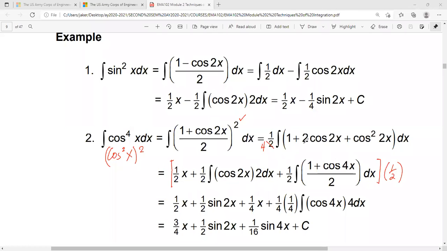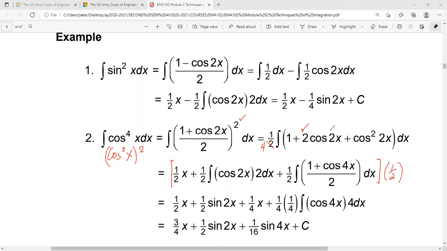We don't have any problem with the first term here. So the integral of 1 dx is 1/2 x. The integral of cosine 2x, just like this one in here, will be cosine of 2x times 2 dx. That should be the integral for it to yield a sine of 2x. So we need this one.